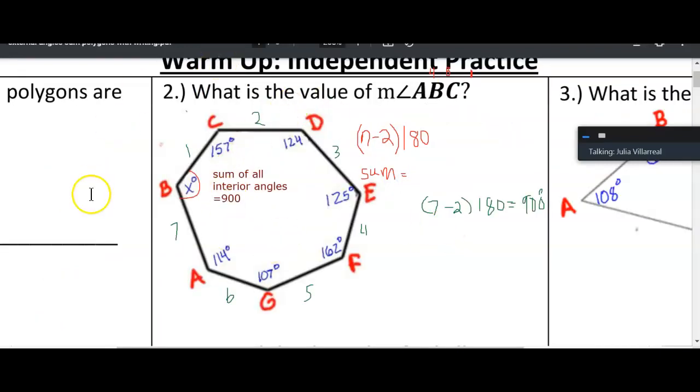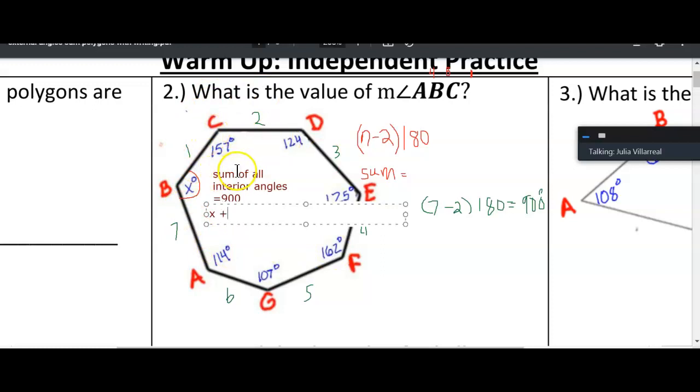So if you count all the number of sides, there's 7 sides. So you do 7 minus 2, the number of sides minus 2, times 180, which gives me 900. So adding all these angles, I should get 900. So I'm going to set up my equation. You count how many x's there are. There's only one x, so I'm going to put x plus.